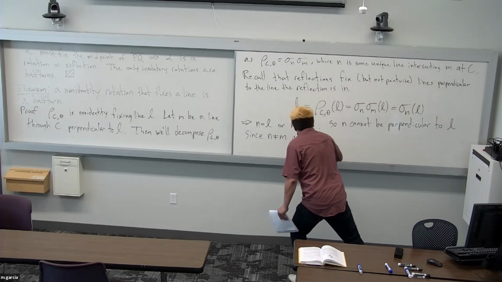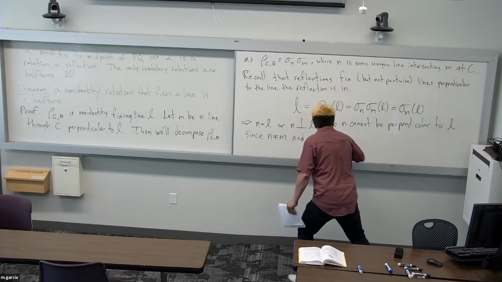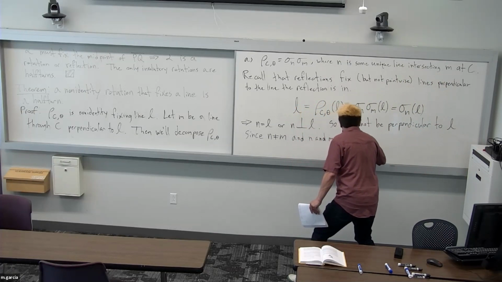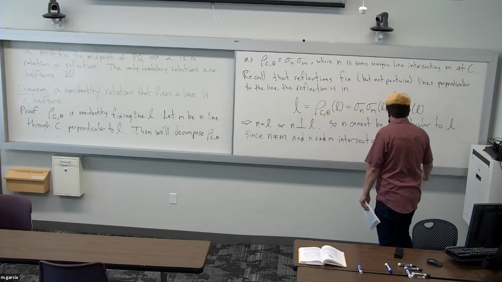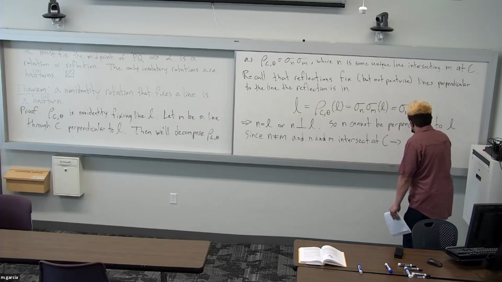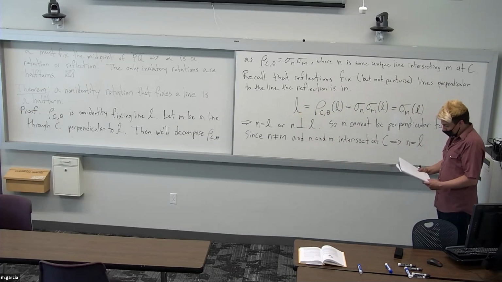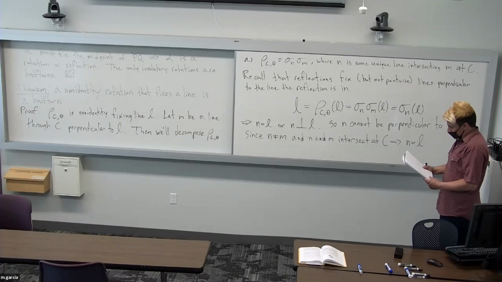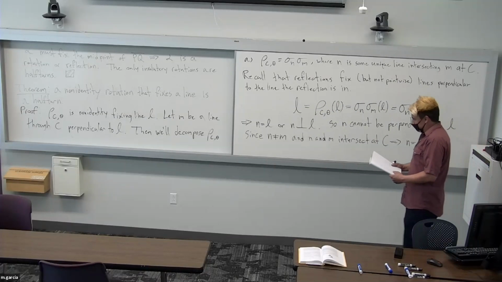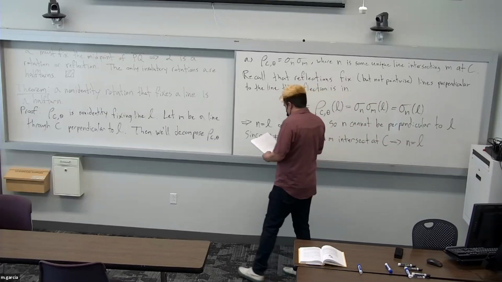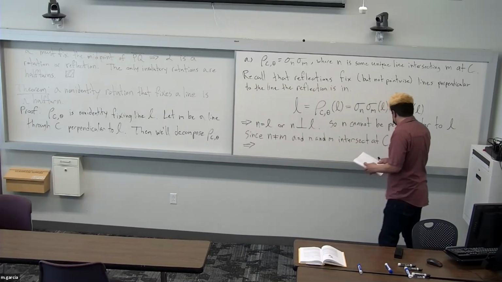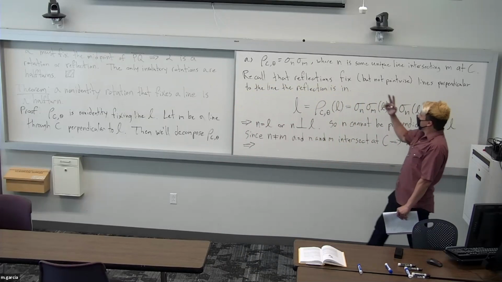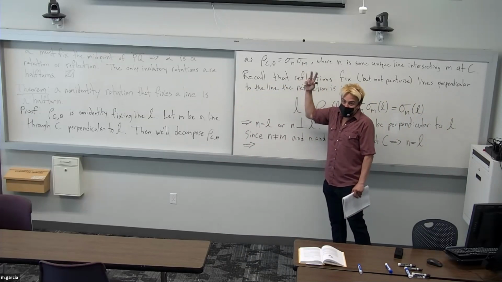And n and m intersect at C. So this implies that n is equal to L. So now we have a rotation defined by two perpendicular lines.